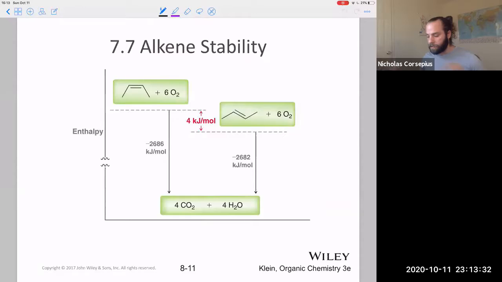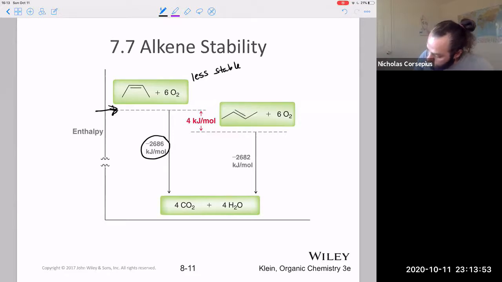Well, if we think about this in terms of our enthalpy diagrams, if it's releasing more energy, more heat upon this reaction with oxygen, what that means is that it started out at a higher energy and was thus less stable. This would be starting out at a lower energy, so it is more stable.